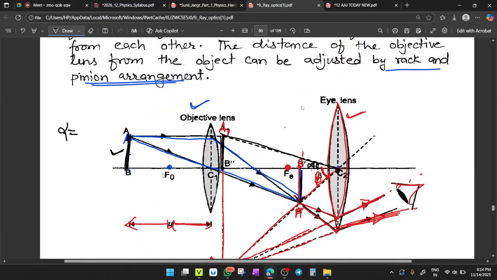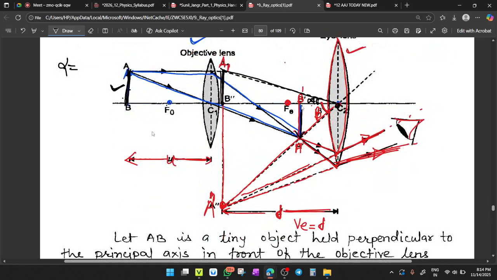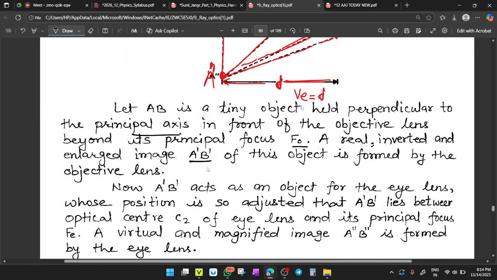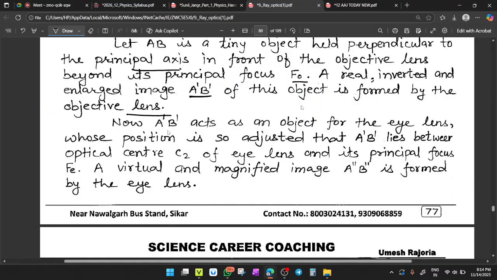So beyond the focus, the object makes its real, inverted and somewhat enlarged image, and that is A dash B dash. So the A dash B dash image is formed of this object by the objective lens. Clear?